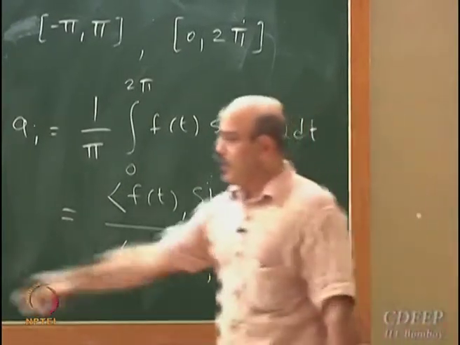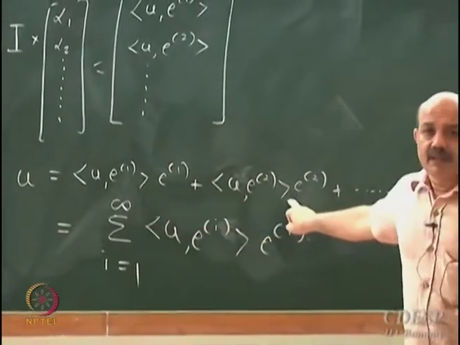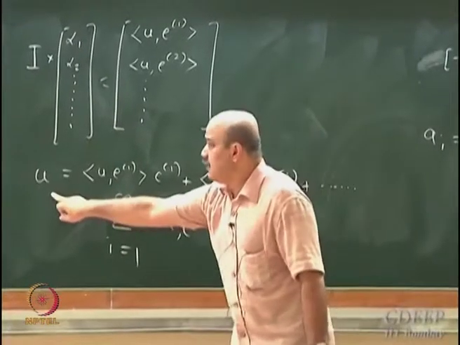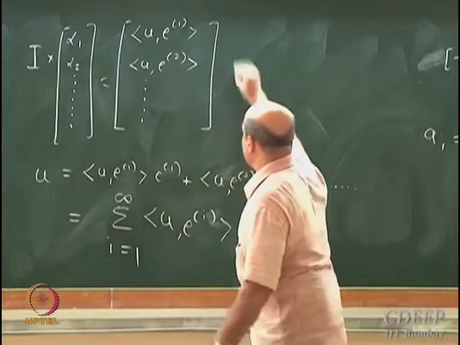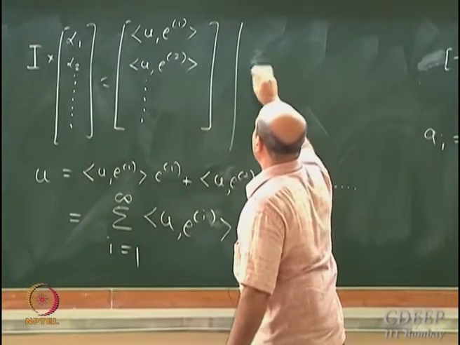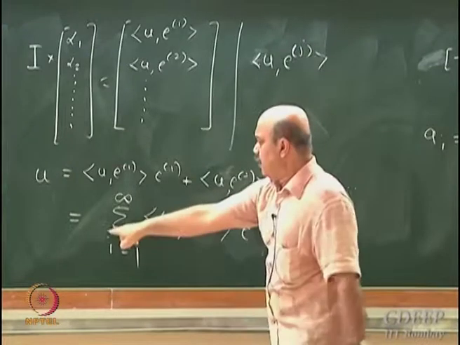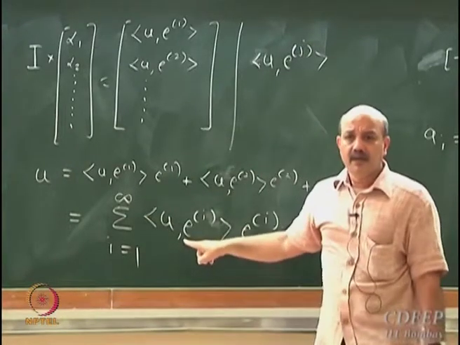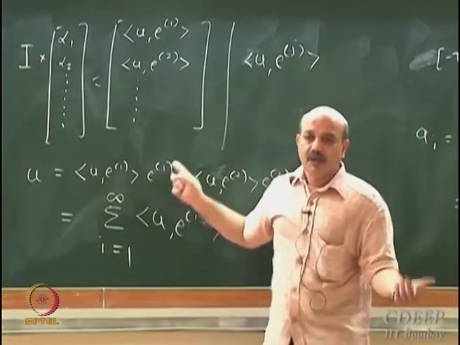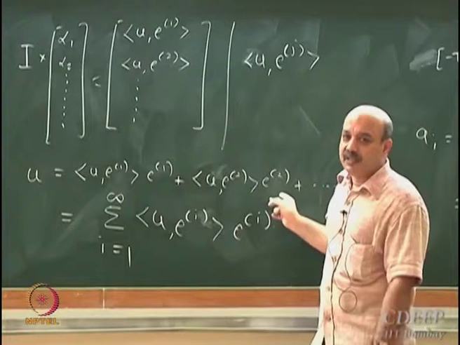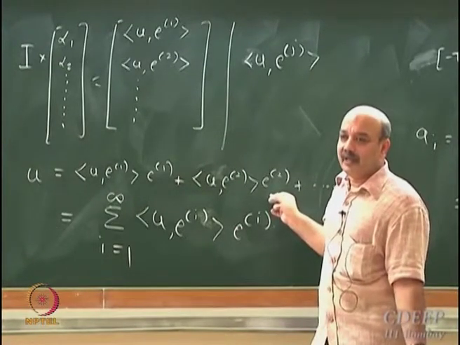In this Fourier expansion, just look at how you will find the coefficients. This is my Fourier expansion. If I take the inner product of u with e_j, what will I get? The inner product of u with e1 is 0, with e2 is 0, with e3 is 0.